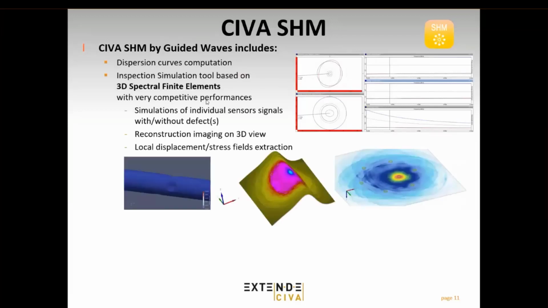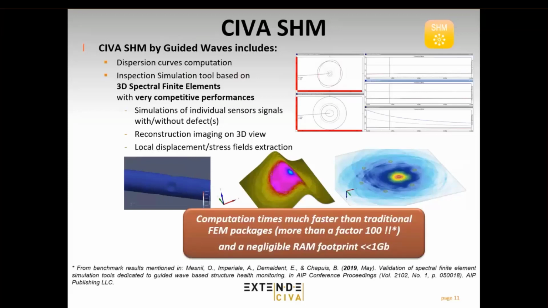The main feature is the ability to simulate a set of sensors distributed on a component, tubular or panels, and to simulate the signals received on these sensors when you have or have not a defect. Based on this, it provides reconstruction imaging tools, and you can also export and visualize local fields, local displacement maps, and so on for different types of structures.